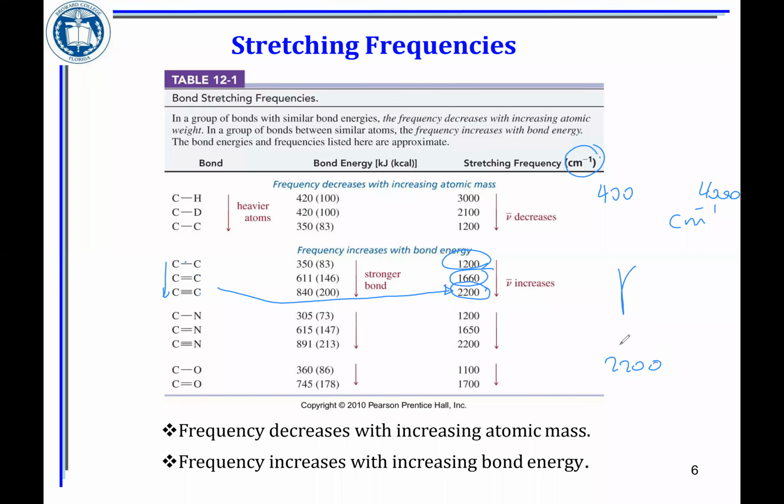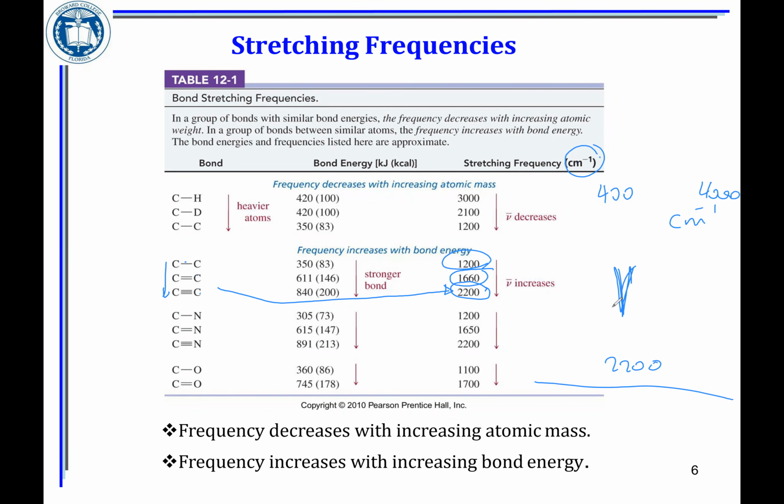What does that mean? The IR spectrum of the unknown compound shows a peak at 2200. There is a triple bond. Very good. So that means there is a triple bond there.